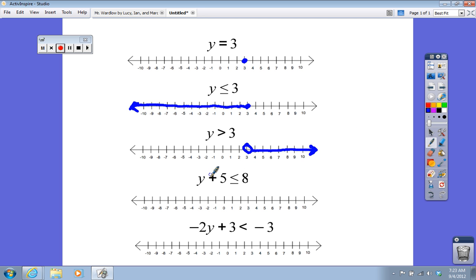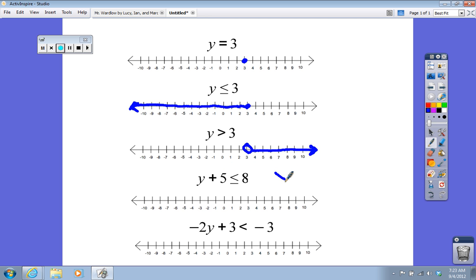Now it gets a little trickier when y is not isolated. Before you can even think about graphing an inequality in one variable, you have to isolate that variable. So now we're going to do just what we do with equations. That's right, we're going to subtract 5 from both sides. When we subtract 5 from 5, we get 0.